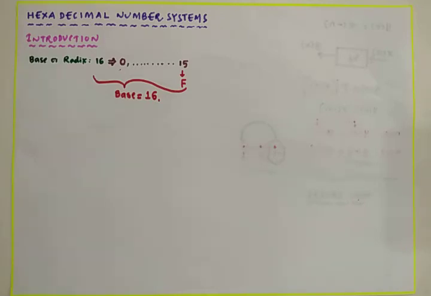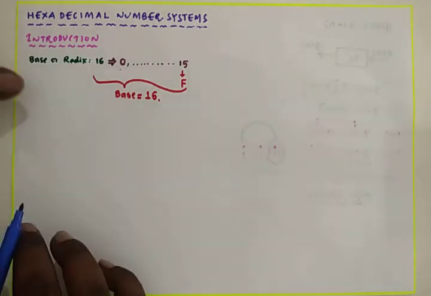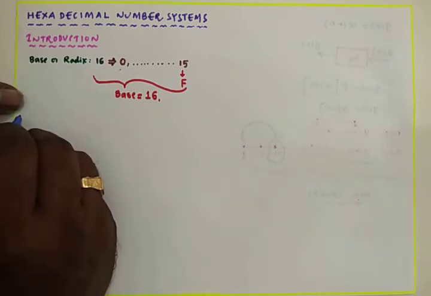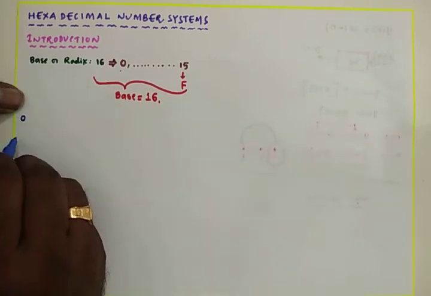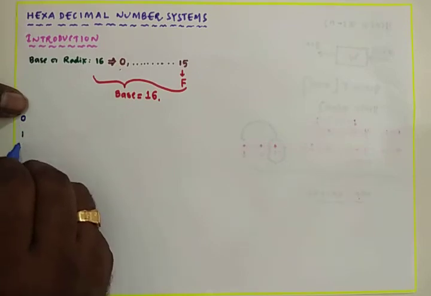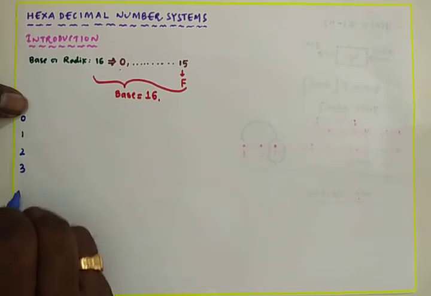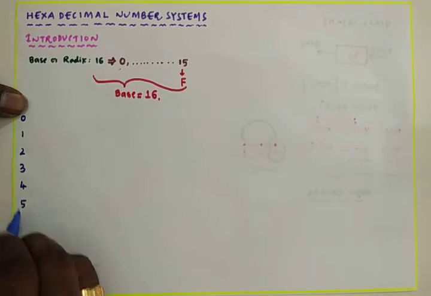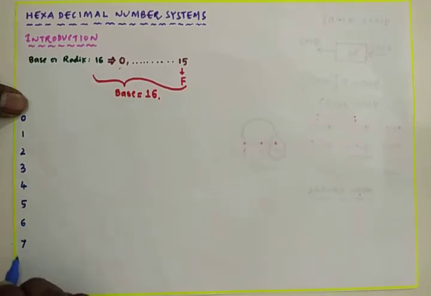Now I am going to explain all the possible digits. The first digit in this number system is 0, then 1, 2, 3, 4, 5, 6, 7, 8, 9.